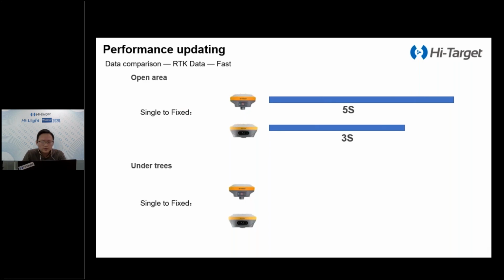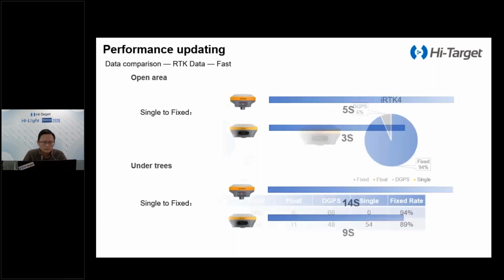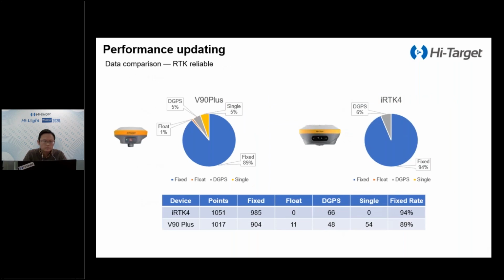So after testing, we found out that RTK4 only takes 5 seconds to get fixed while connecting from single solution to fixed status, which V90 Plus takes longer, and even under the trees it can also get a fixed solution very fast.